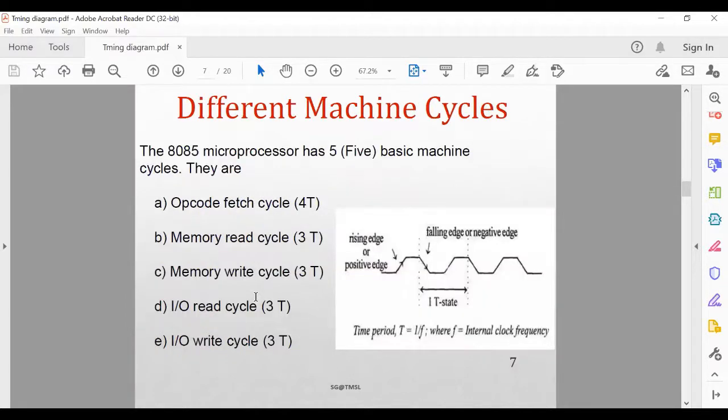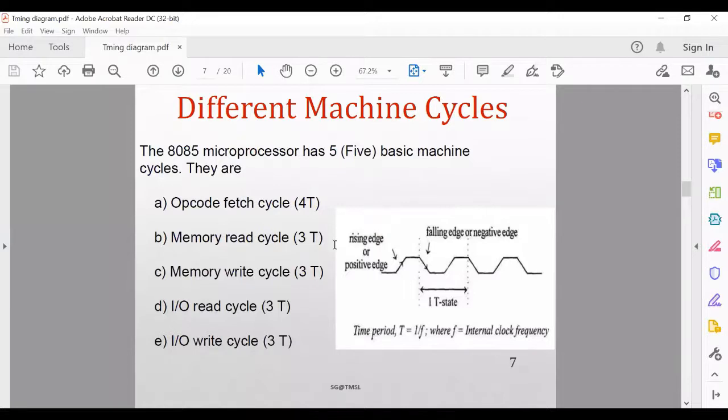Next, move on to the next slide, which is the different machine cycles. Machine cycle means the time required for either a memory related operation or an IO related operation. So how many machine cycles are there? There are 5 machine cycles: opcode fetch machine cycle, memory read machine cycle, memory write machine cycle, IO read machine cycle, and IO write machine cycle.